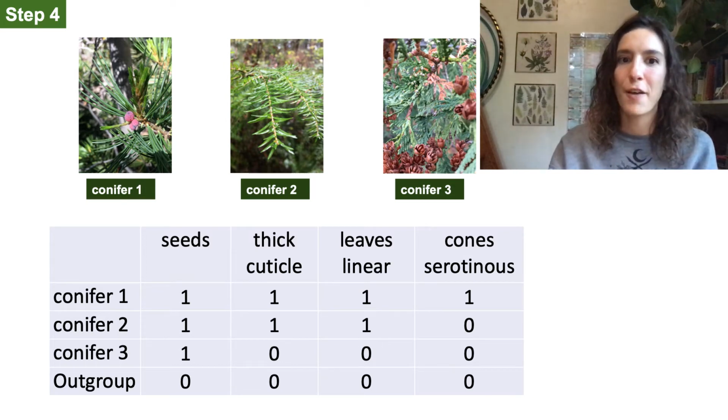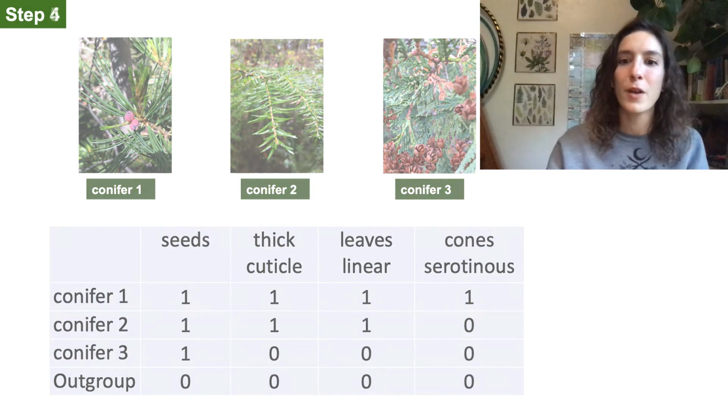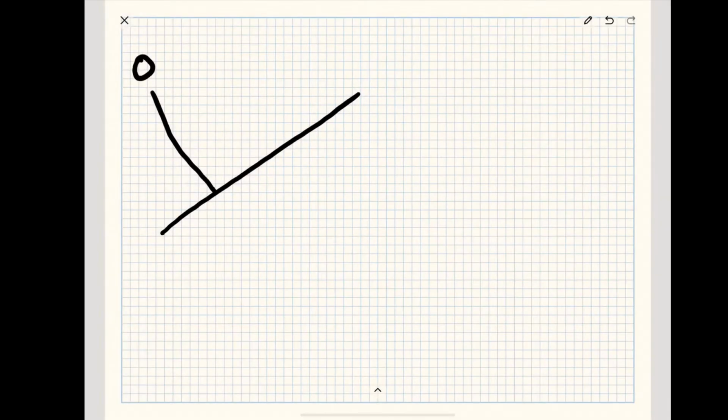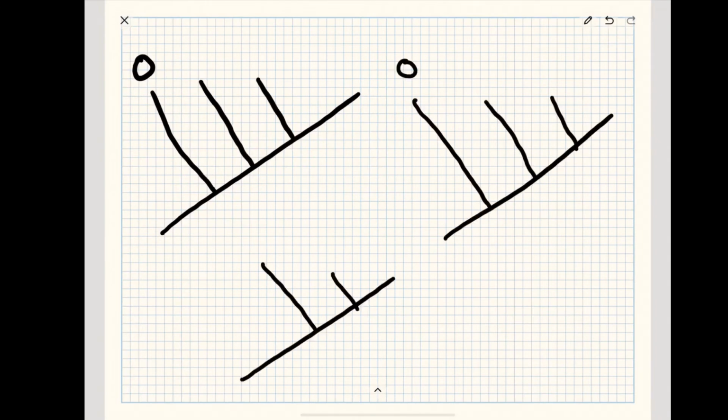All right, and now for step number 5, we are going to need to draw multiple possible cladograms and then determine the simplest out of all possible cladograms once we've traced the character states out onto it. So here we go. Here the O stands for outgroup, and I'm drawing all 3 possible trees.